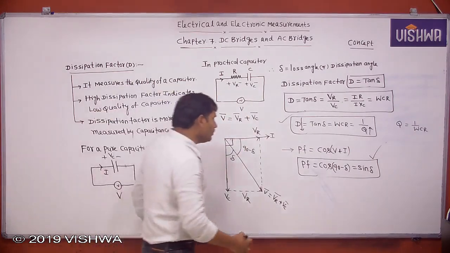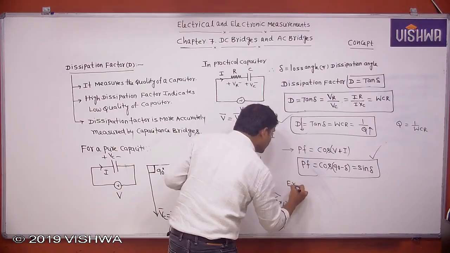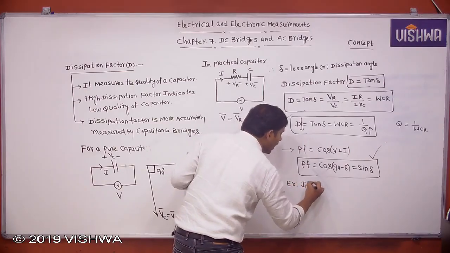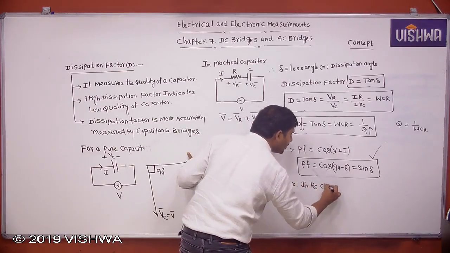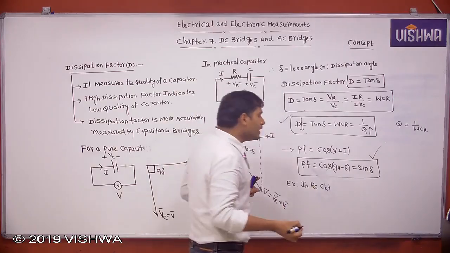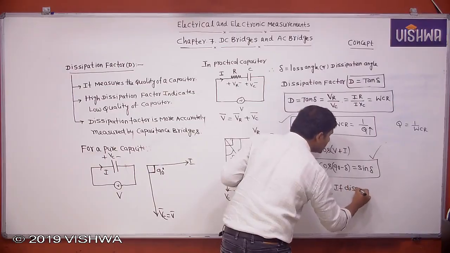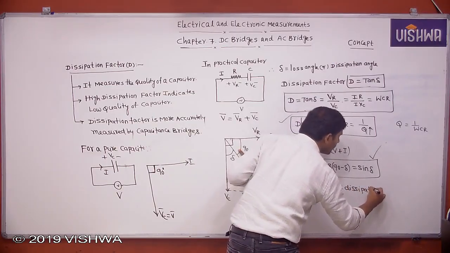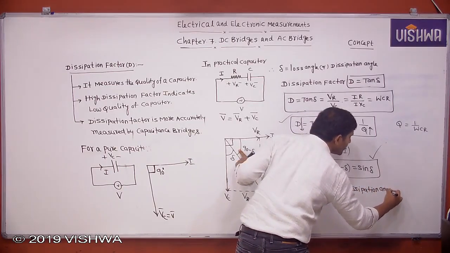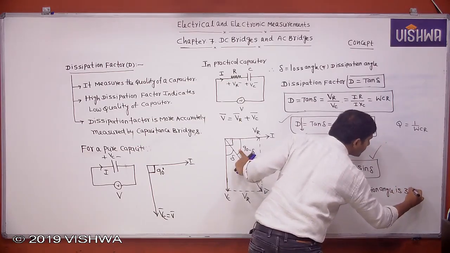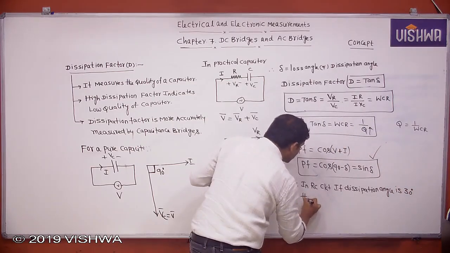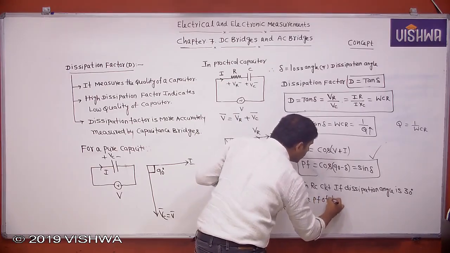For example, in an RC circuit, maybe series or parallel, this is applicable. In an RC circuit, if the dissipation angle is 30 degrees, the power factor of the circuit equals dash.